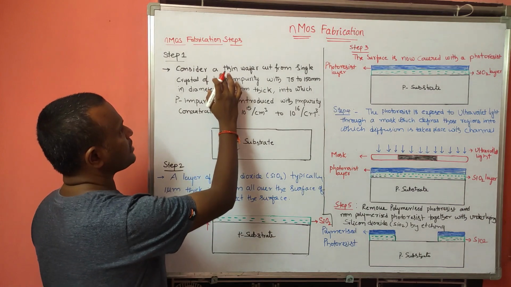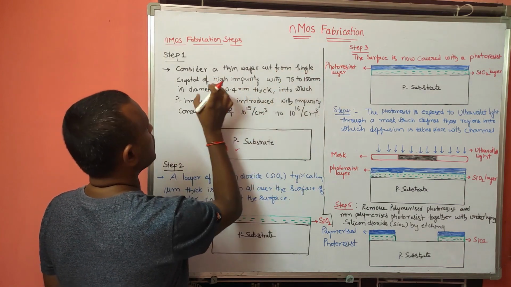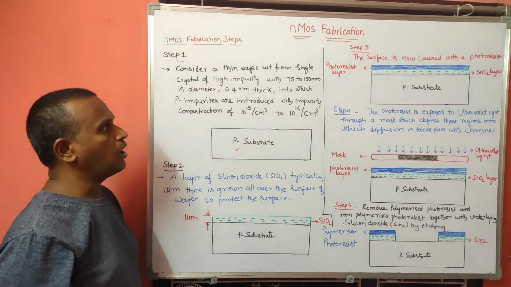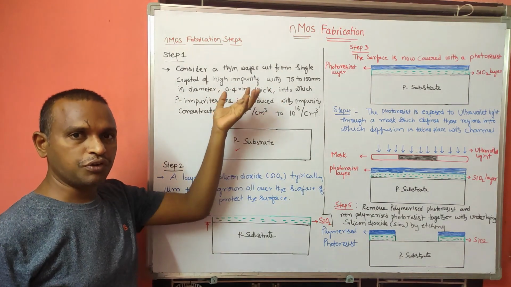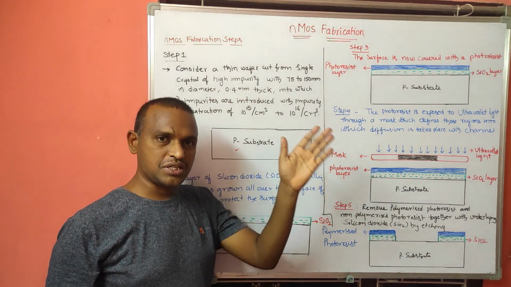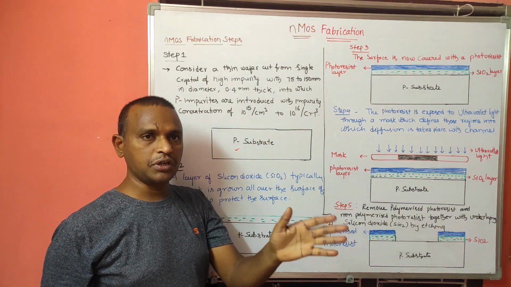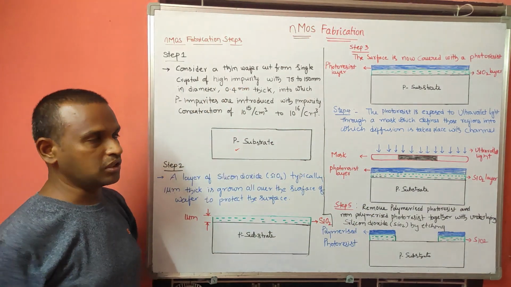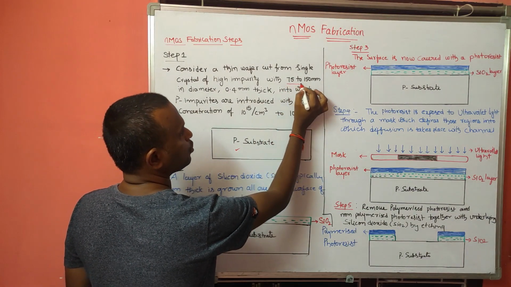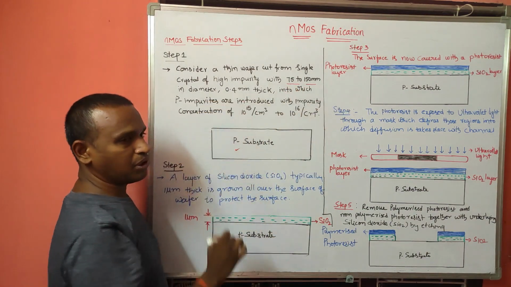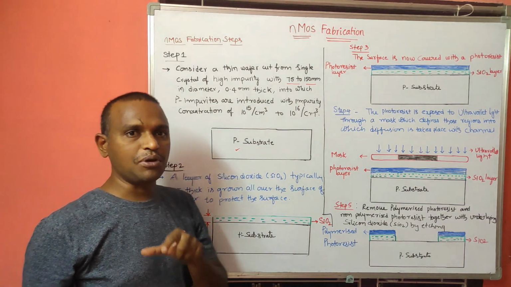Here, consider a thin wafer cut from a single crystal of high purity. After wafer preparation or crystal growth we will prepare the wafer, and that wafer is pure silicon with a 75 to 150 millimeter diameter. What is the wafer diameter here?